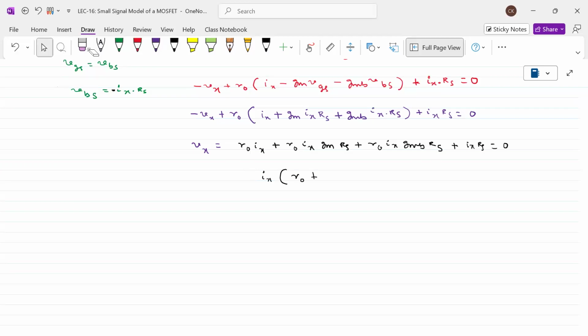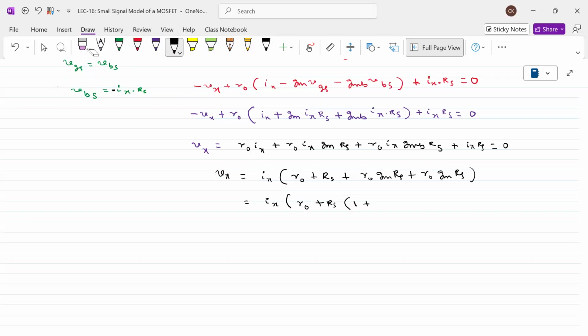Therefore, R naught plus Rs, 1 plus R naught into Gm into Rs, R naught into GMB into Rs equal to Vx. Here, Ix, R naught, keep it aside. I can take Rs as a constant.